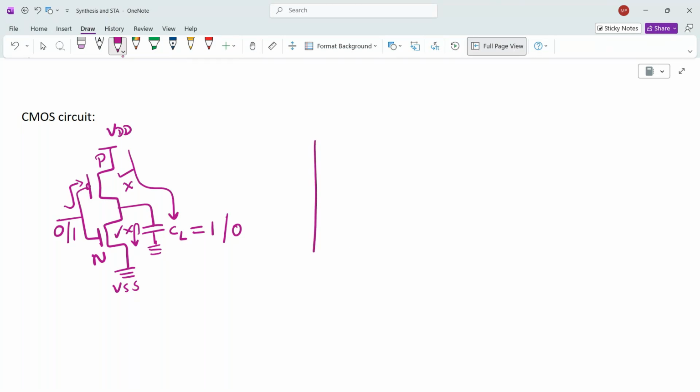We also have this Vout versus Vin characteristic, which looks something like this.